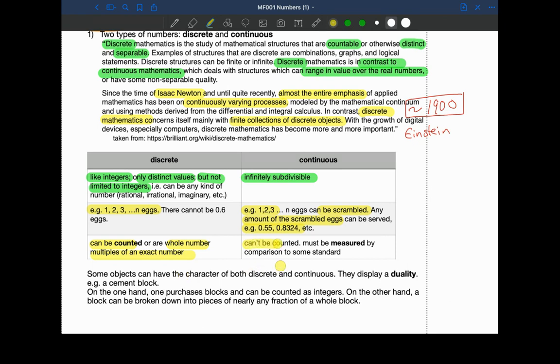Continuous things can't be counted. They must be measured by comparison to some standard. That's actually the definition of what measurement is: examining an attribute of something compared to a standard. Continuous things can't be counted.